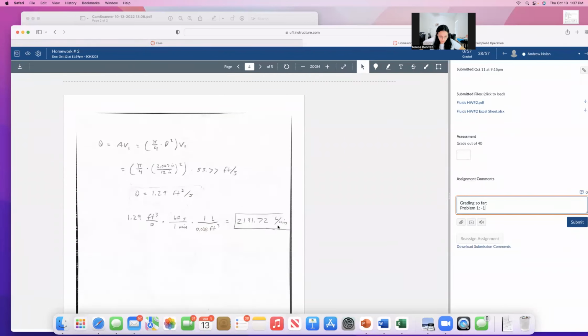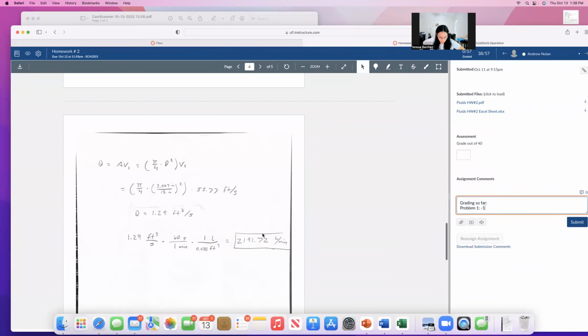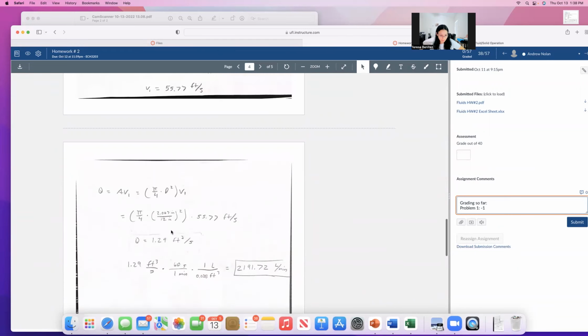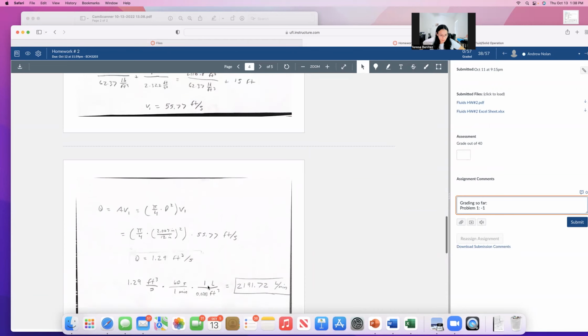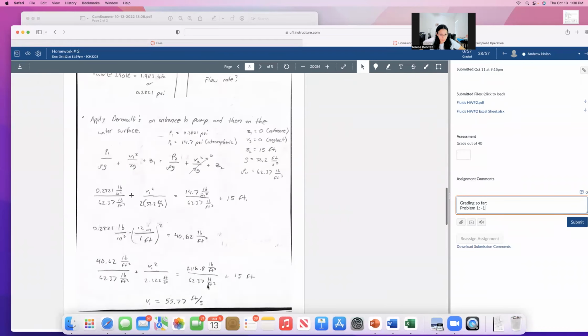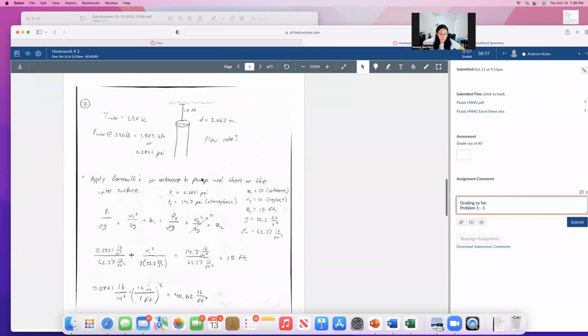Seems close enough. 2191.72, so I work backwards, or at least that's what I usually do. 1.29, that's right. Just looks like they used more significant figures. B1, you gotta be careful again, because notice how here, same thing. They use 2 as 1, and that is fine as long as they're consistent, okay?